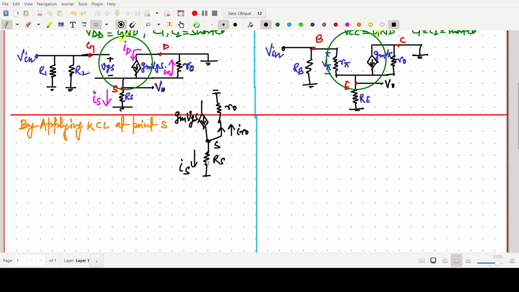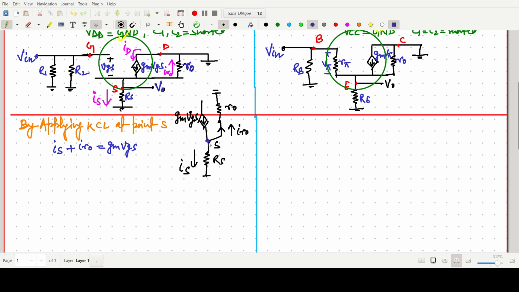So we have to apply Kirchhoff's current law. Total incoming current equals total outgoing. So outgoing will be IS plus I R naught equals incoming one, GM VGS.